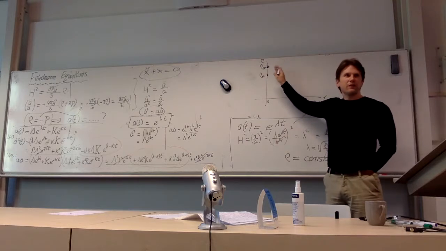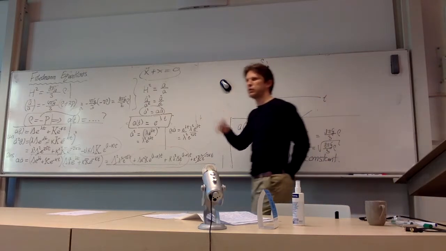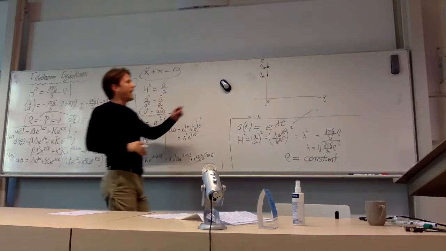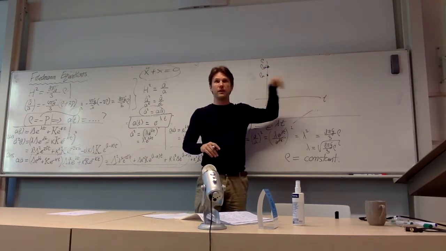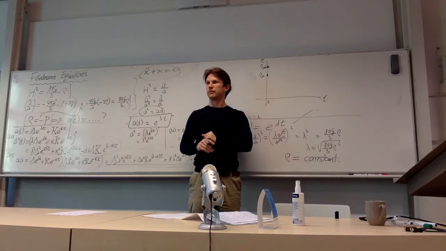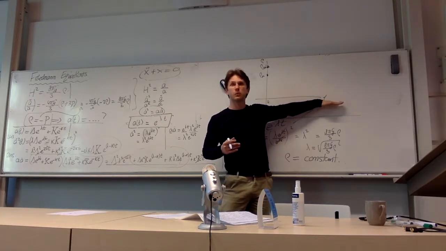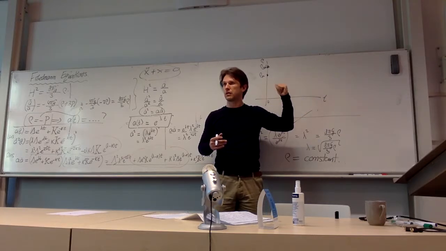For no particular reason I drew less density of normal matter than radiation, which is actually true, by the way, at the beginning of the universe, for technical reasons that are not important right now. I know how these will go as time goes on. They will decrease. Right? More volume, time goes on, universe expands, so that means less density for these two things.